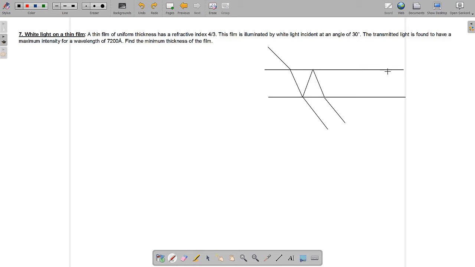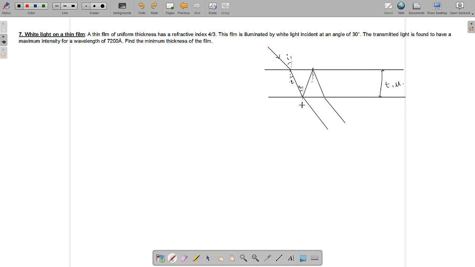So this is the film of thickness t, let's say, and refractive index mu. This is the incident beam which is incident at an angle, let's say, I, and this is the angle of refraction which is r. So this angle will again be equal to r, and this angle will also be r.